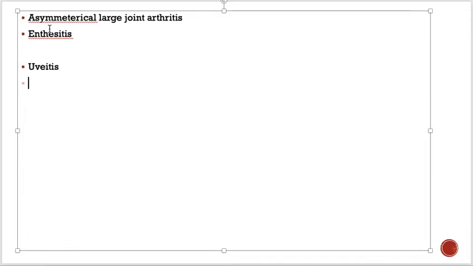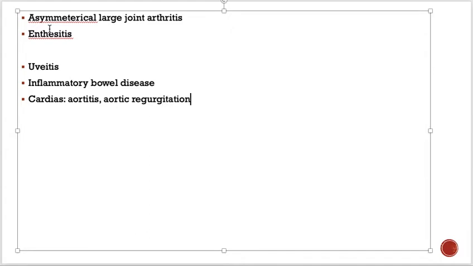Now, whenever they have ankylosing spondylitis, they have increased chances of developing inflammatory bowel disease, like Crohn's disease or ulcerative colitis. They have some cardiac manifestations as well, like aortitis, aortic inflammation, aortic regurgitation. They may develop pericarditis and conduction abnormalities as well.